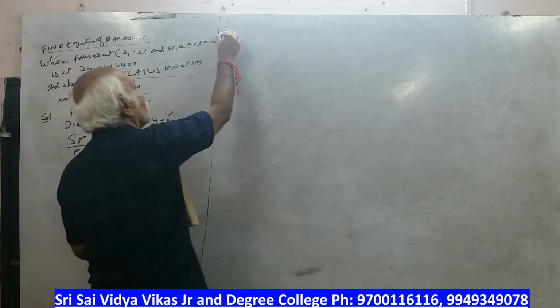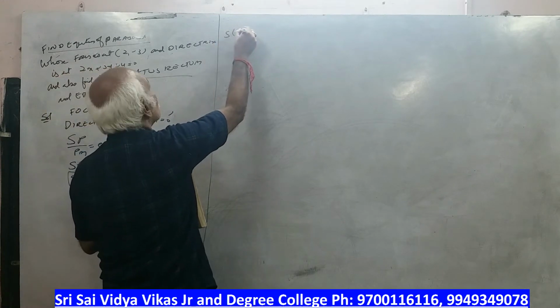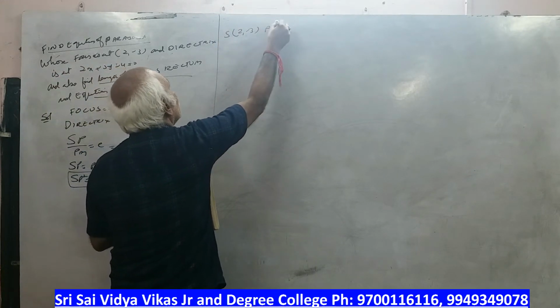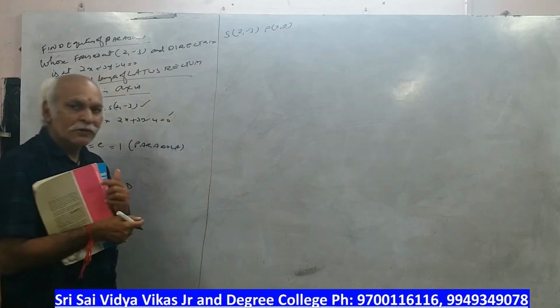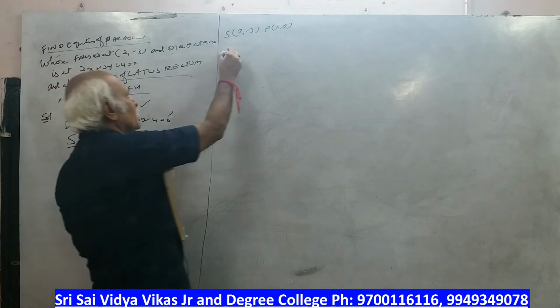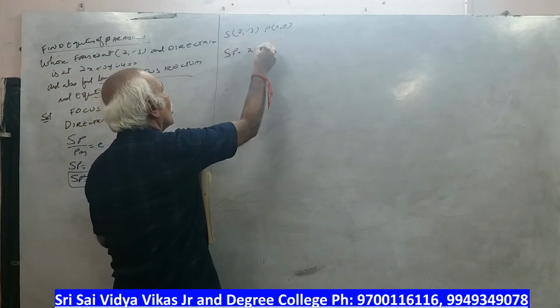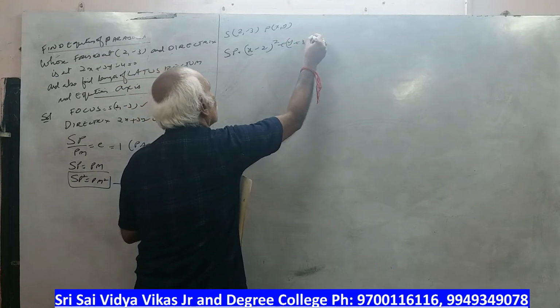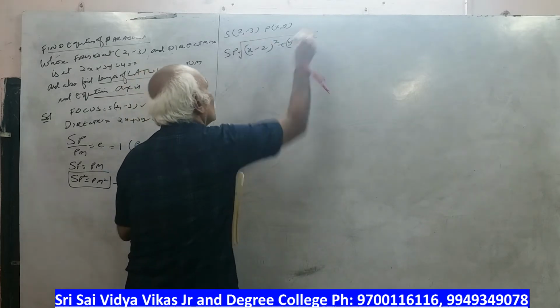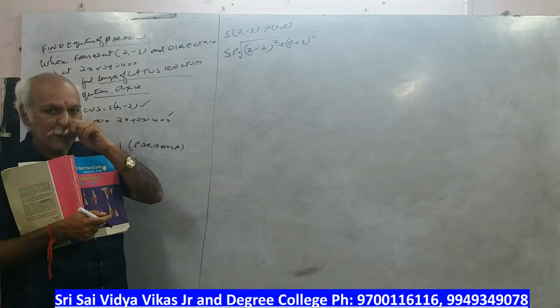Now S is (2, -3). P is (x, y). So you have to find SP. SP square is (x - 2) whole square plus (y + 3) whole square.